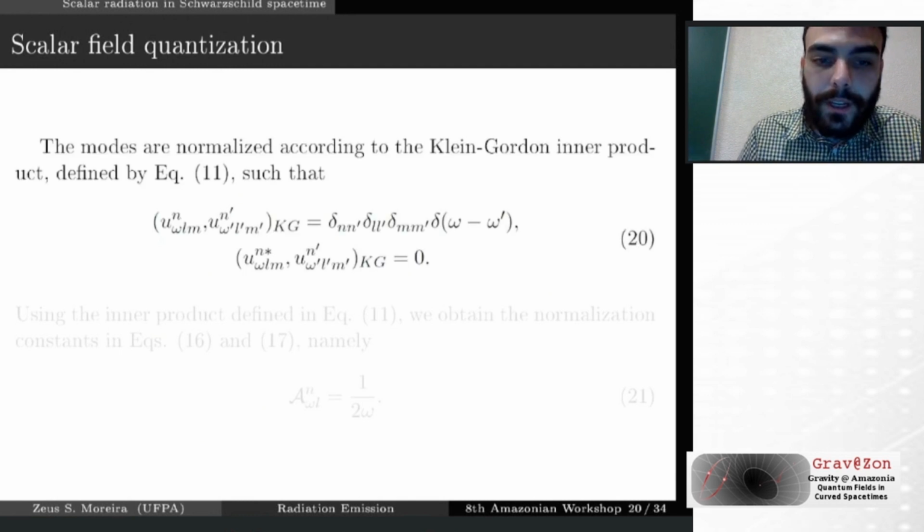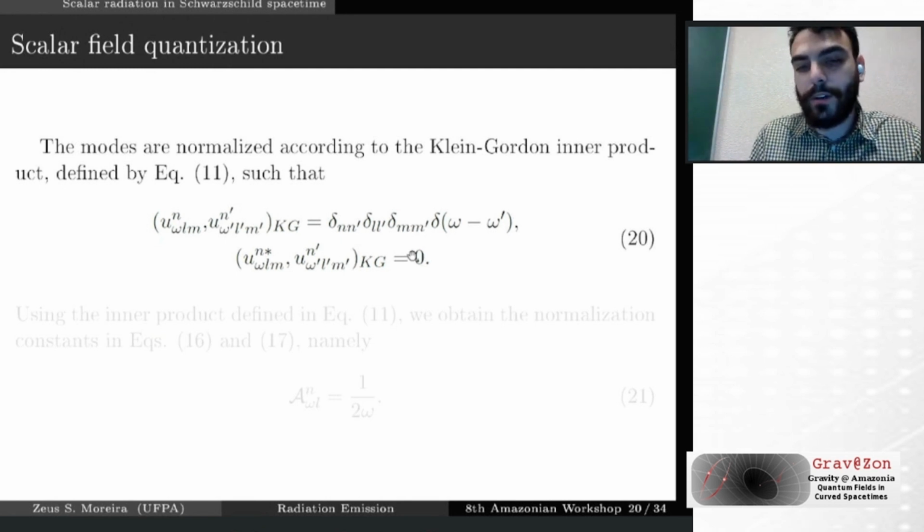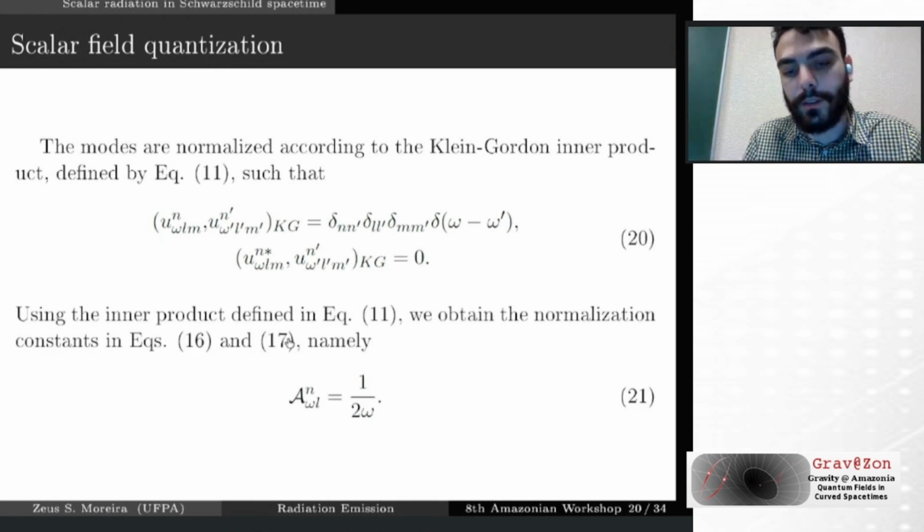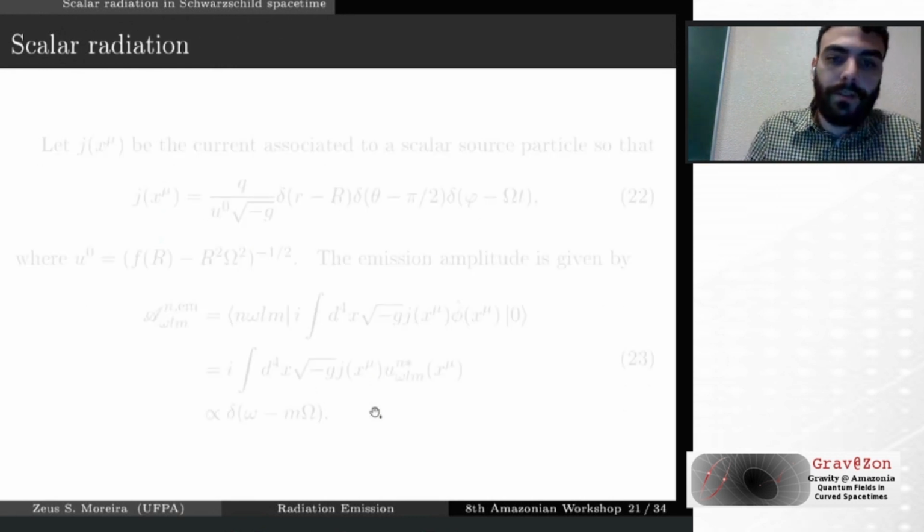And we use the Klein-Gordon inner product to orthonormalize the modes according to equation 20. And using also the Klein-Gordon inner product together with the boundary conditions, we can calculate the normalization constant that is just 1 over 2 omega.